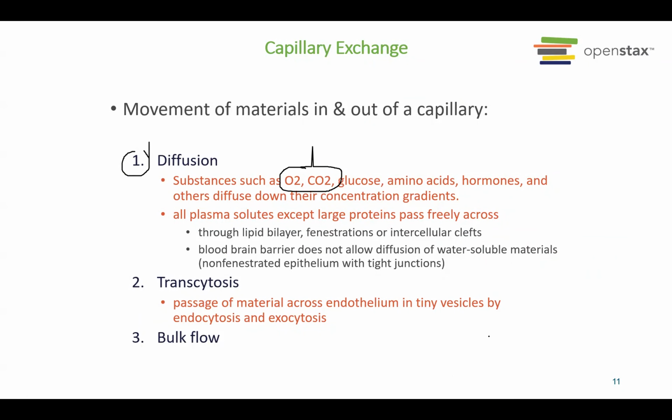They can be exchanged by the diffusion process, which is the movement of molecules from higher concentration to the lower concentration side. Other things like glucoses, amino acids, and hormones also can be delivered or moved through this diffusion.